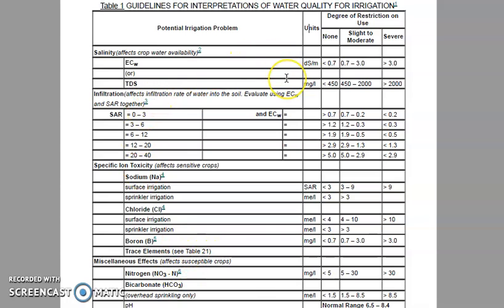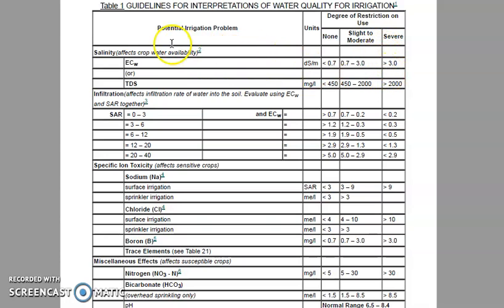Here the FAO concluded a range for each parameter, demonstrating the safe level of each concentration and the concentration at which the water is at risk or there is a restriction in use.